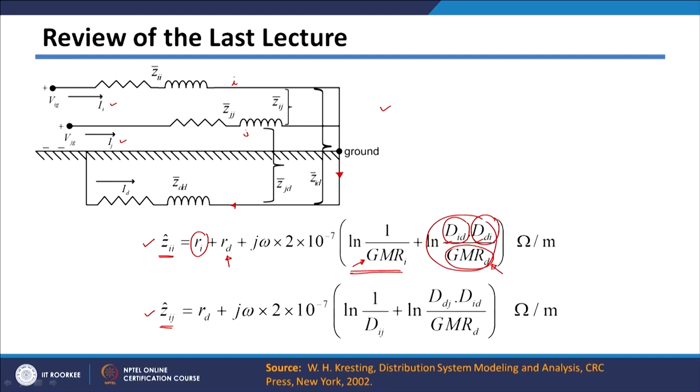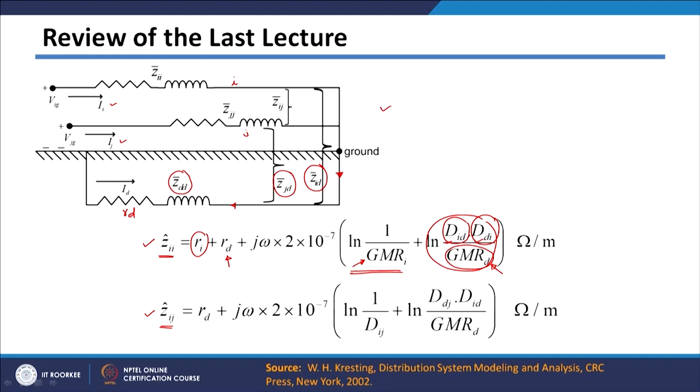Now, when these ground currents are flowing, there will be mutual impedance between the ground current and conductor J, represented by ZJD. There will be mutual impedance between the ground current and conductor I, represented by ZID, and there will be the self impedance of the ground path, given by ZDD, where the resistive part is RD.